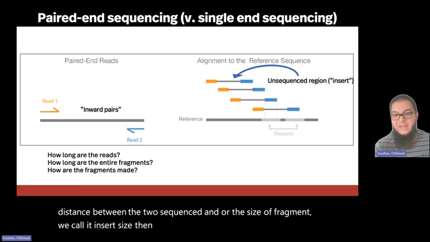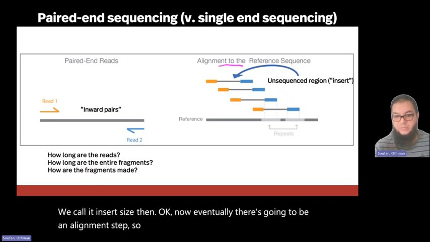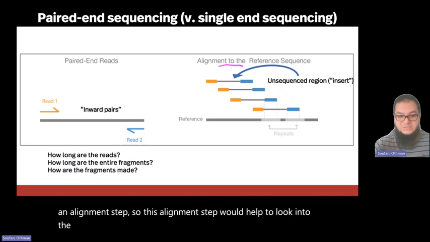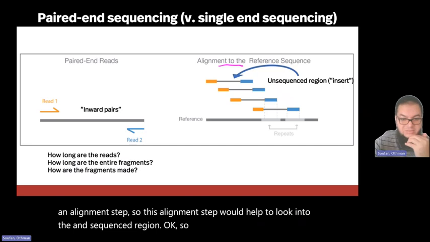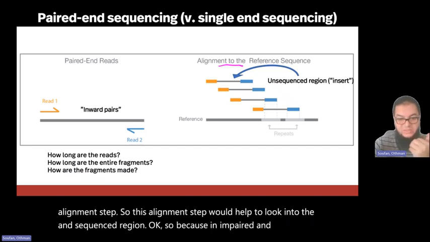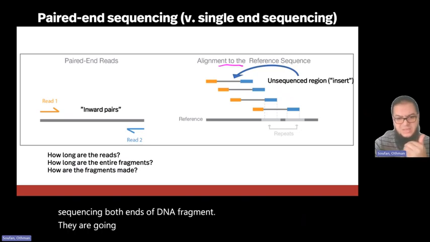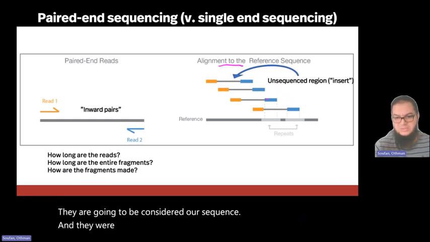Now, eventually there is going to be an alignment step, which helps us look into the unsequenced region. In paired end sequencing, both ends of the DNA fragment are sequenced and result in two reads.